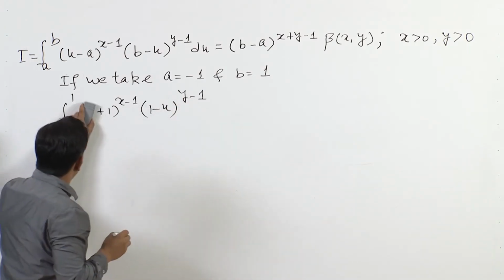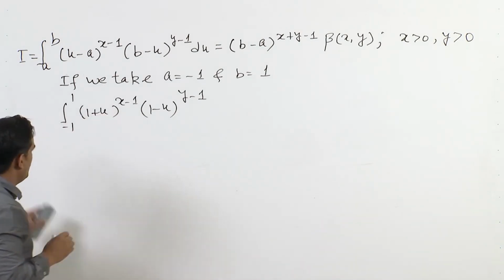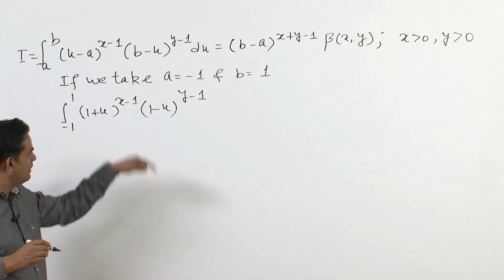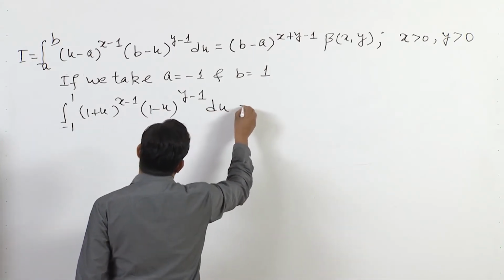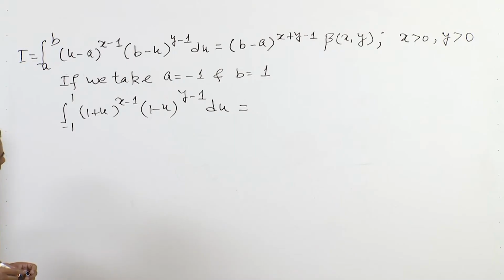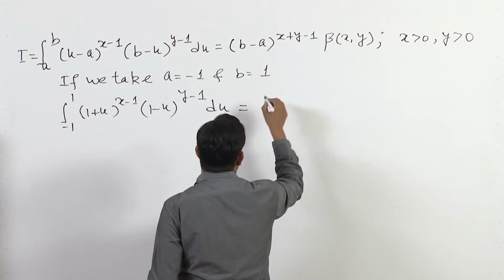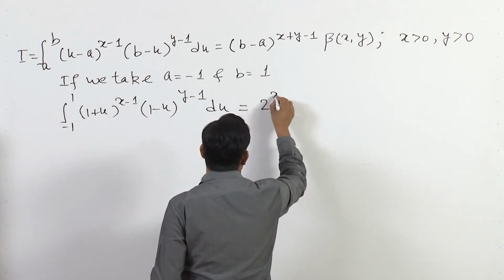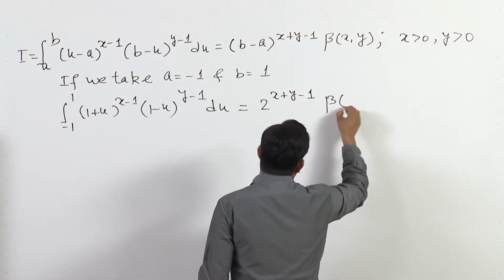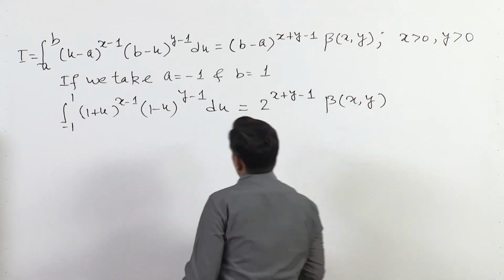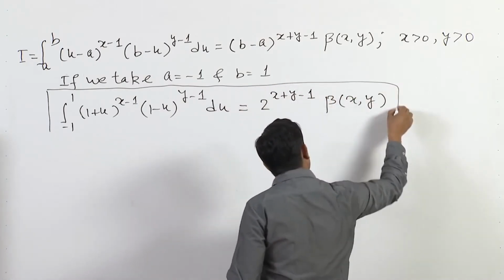Better let me write it as 1 plus u to maintain the symmetry. So (1 plus u) raised to power x minus 1 into (1 minus u) raised to power y minus 1, du. What will be the value of this definite integral? b minus a means 1 minus minus 1, that is 1 plus 1, so 2 raised to power x plus y minus 1 into beta x y. So we obtain another relation between the beta function and a definite integral.